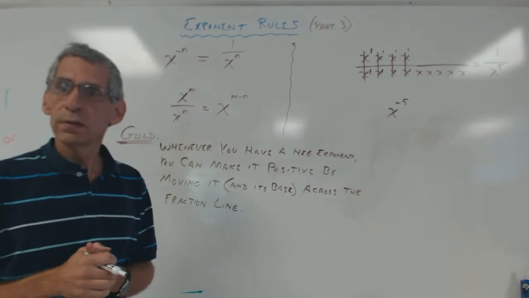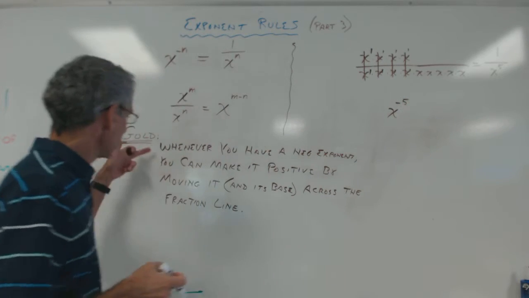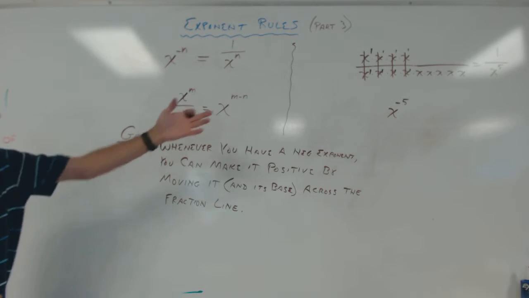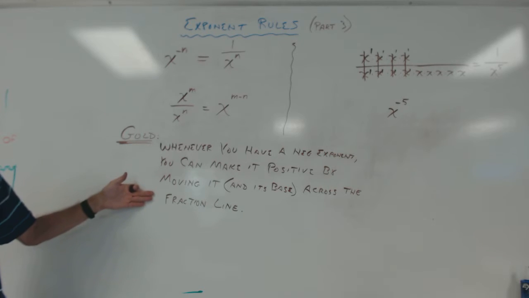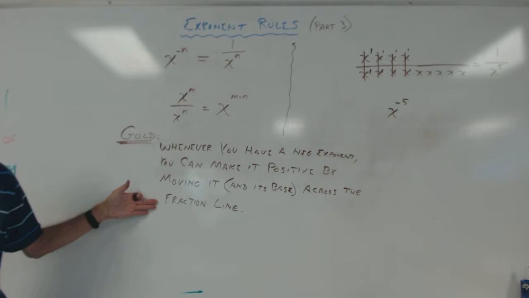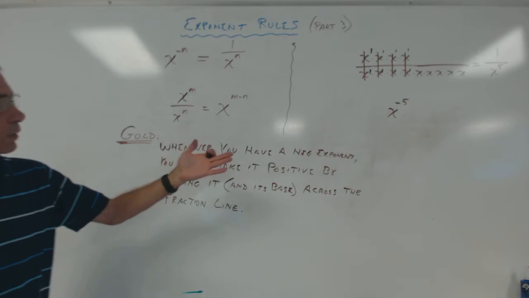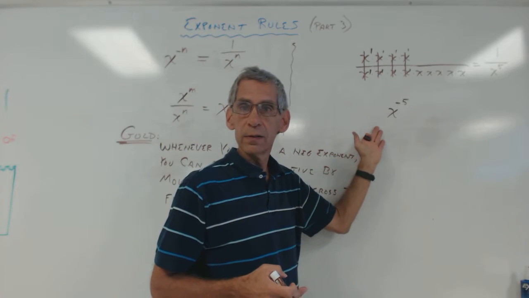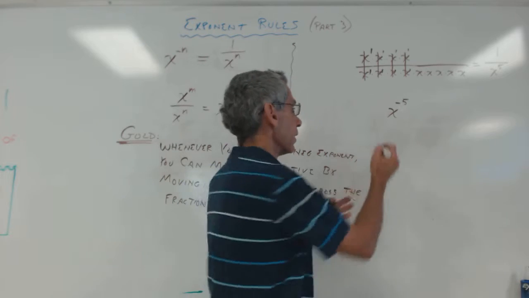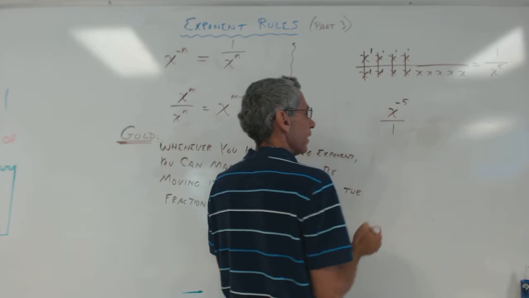Whenever you have a negative exponent, I can make it positive by moving it across the fraction line. Wait, what fraction line? Is there a fraction line here? Could I create one? Yeah. How? Over 1. Now it's a fraction.